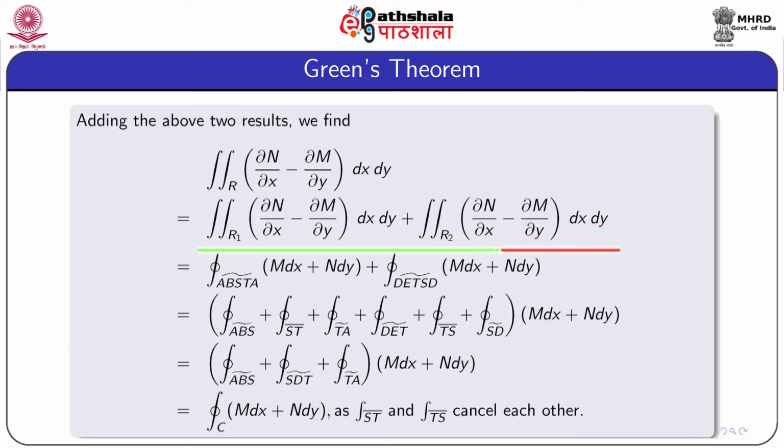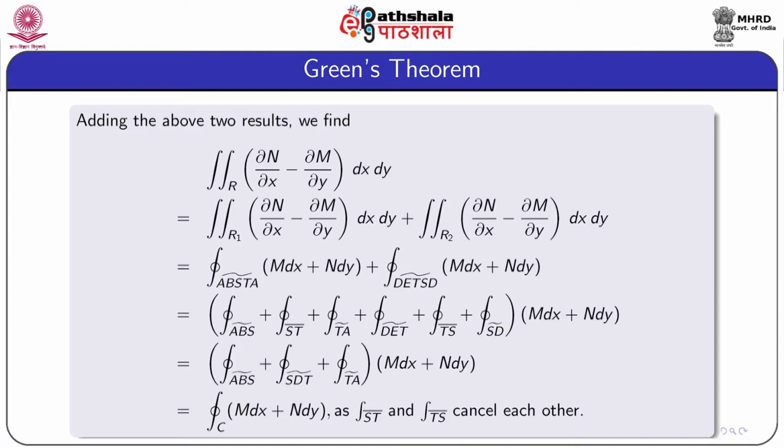Here we put the values. So, this is the integral over the curve ABSTA plus the integral over the curve DETSD of m dx plus n dy. Now, ABSTA and DETSD, both the curves can be expressed as join of some other curves. So, we express the integral of m dx plus n dy first over curve ABS, then line or curve ST, then TA, then DET, then TS and finally SD.